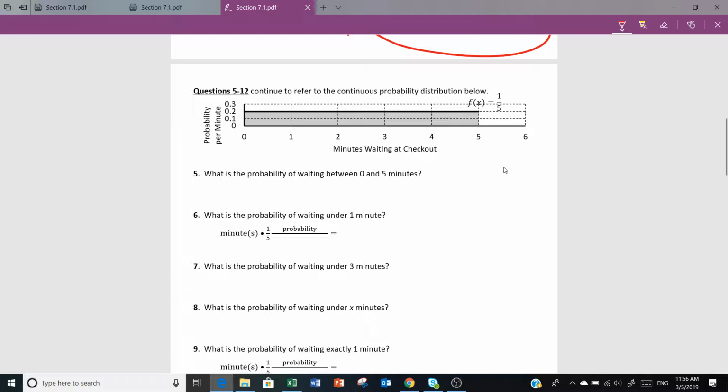You have to wait between 0 and 5 minutes. You can't wait anywhere else. So what's the probability of waiting between 0 and 5? What did you guys say for this one?